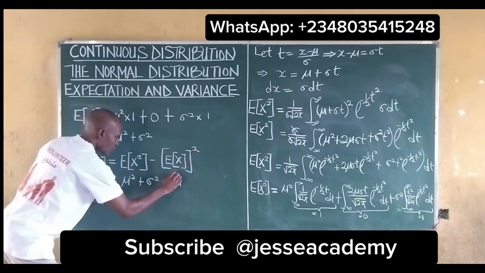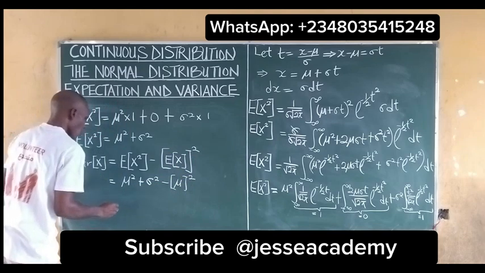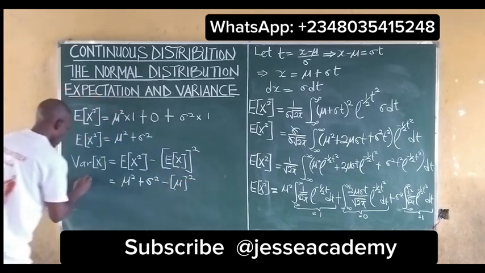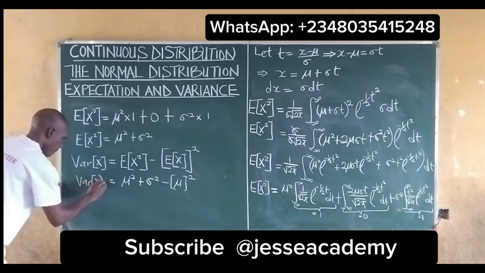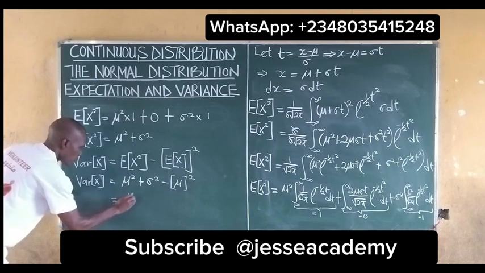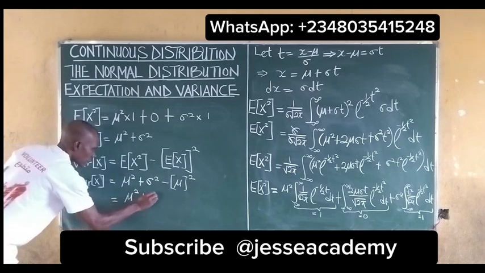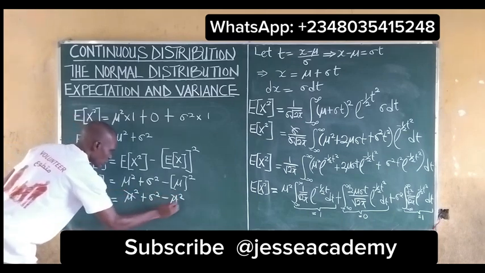Because of this, it turns to mu squared. So of course, our variance of x will be equal to mu squared plus sigma squared minus mu squared. So this will cancel this.